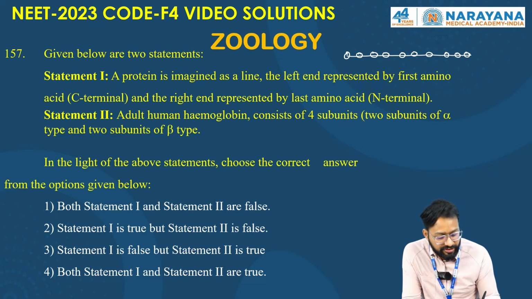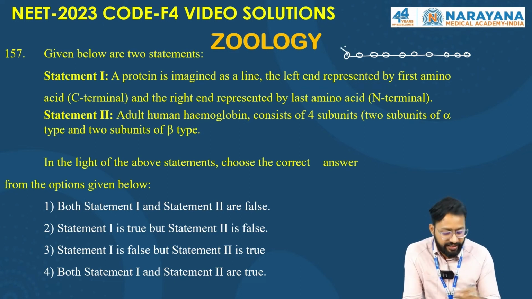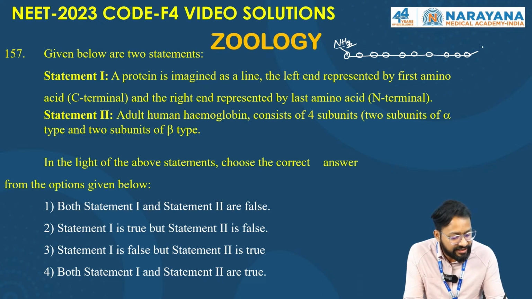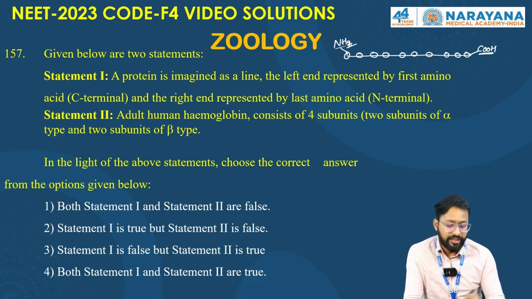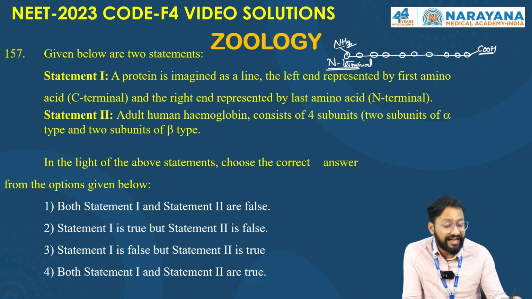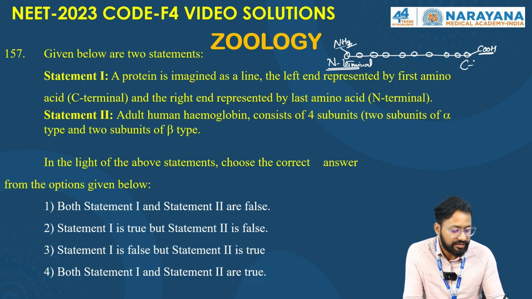The first amino acid on the left hand side has a free amino group, and on the right hand side there is a free carboxyl group. So the left end will be called the N terminal, and the right end is called the C terminal.